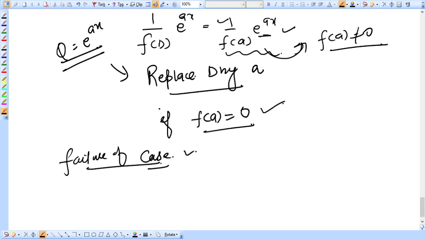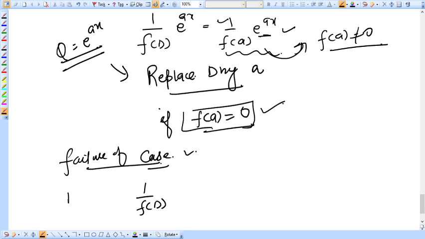And how to find out the particular integral in this case? What we are going to do is, if f(a) is equal to 0, this is also a result, the proof of which I'm not going to discuss.